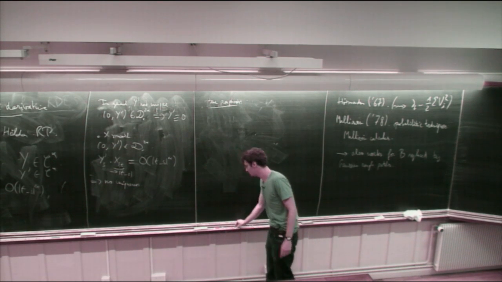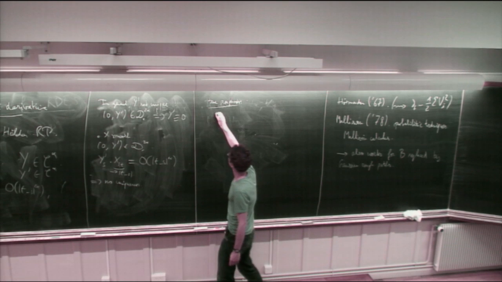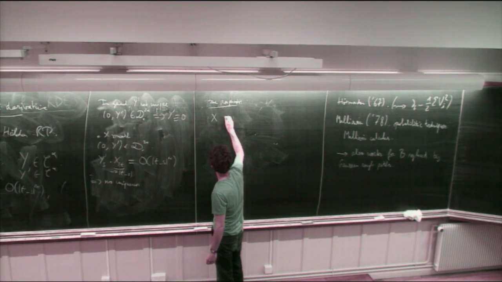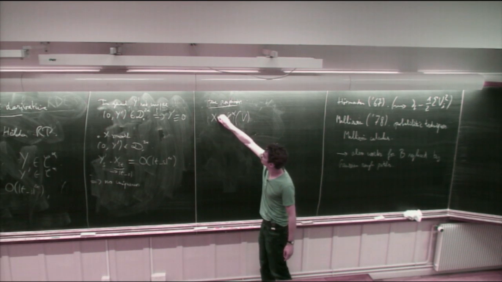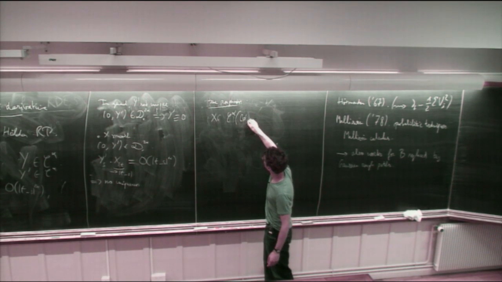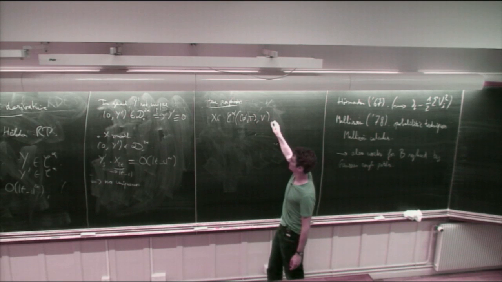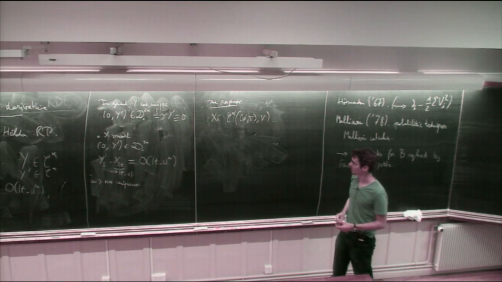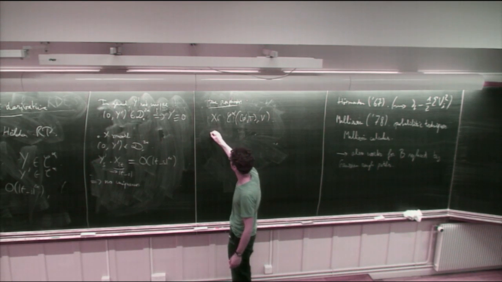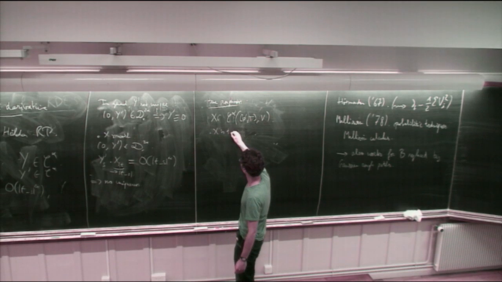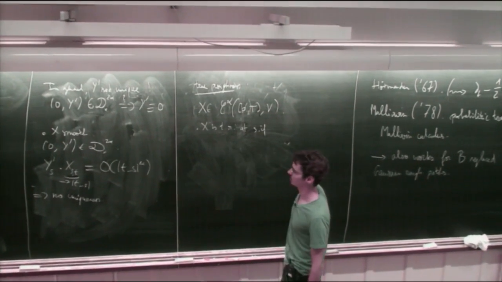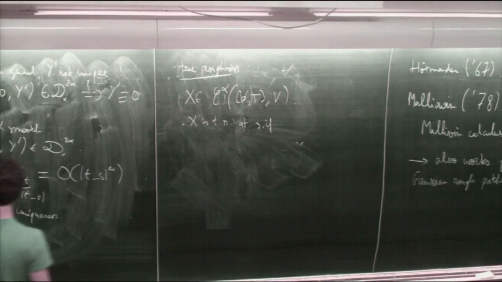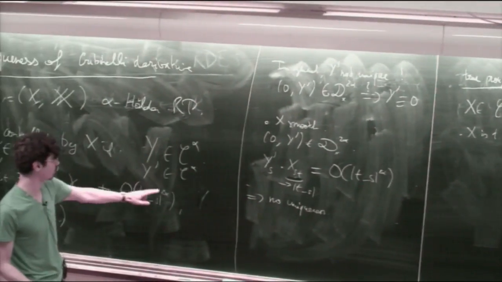So we have a fixed path x, let's say in C^alpha from [0,T] to V, with values in some Banach space V. And what we mean by truly rough, okay, so at a point s, we say that x is truly rough at a point s, simply if along any direction it's not of order 2 alpha.